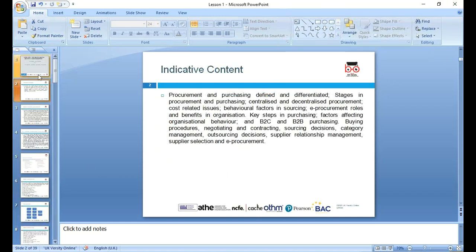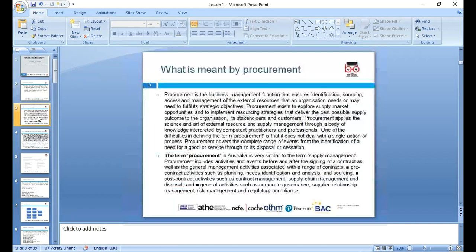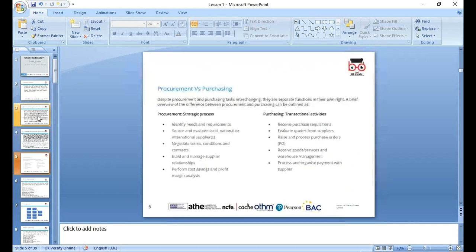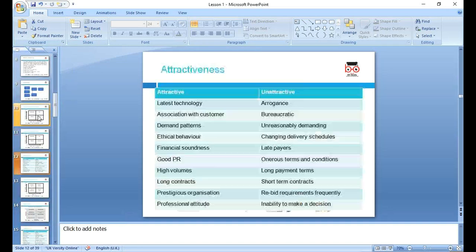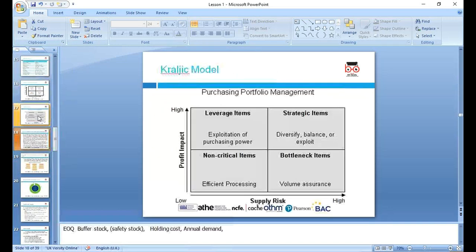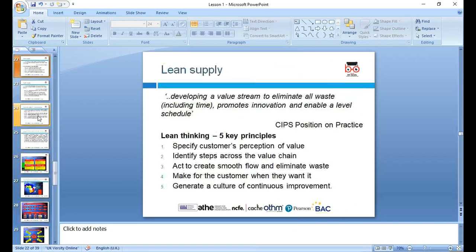Okay. So in today's lesson we learned about LO1, which is all about understanding the concept and practice of procurement. Today we discussed the difference between purchasing and procurement. We discussed different models related to procurement, and different activities involved in the procurement process.